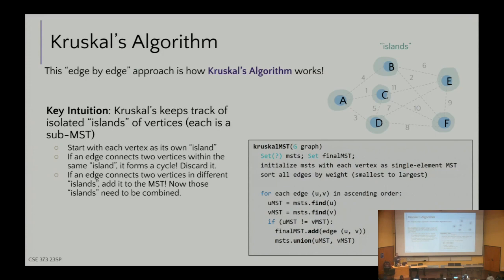And what I'm going to do is look at the list of edges and sort them. I'm going to start with the smallest possible edge, the smallest edge that exists anywhere in the graph. And I'm going to see, does it connect two previously unconnected vertices? Does it connect together two previously disconnected islands?